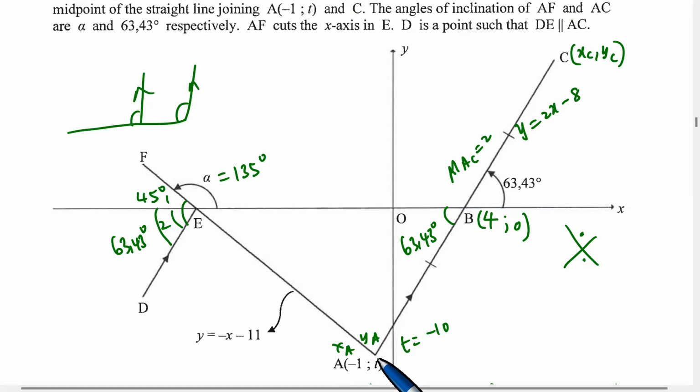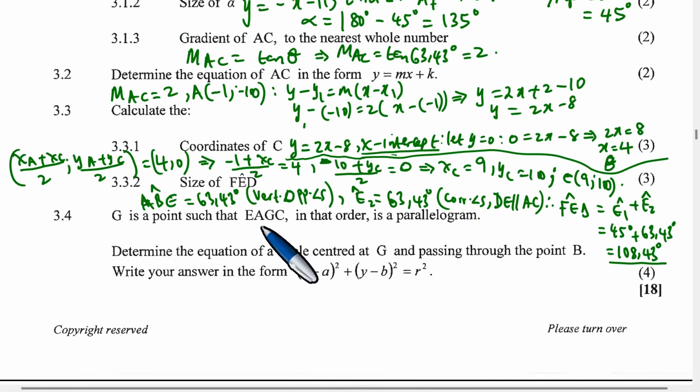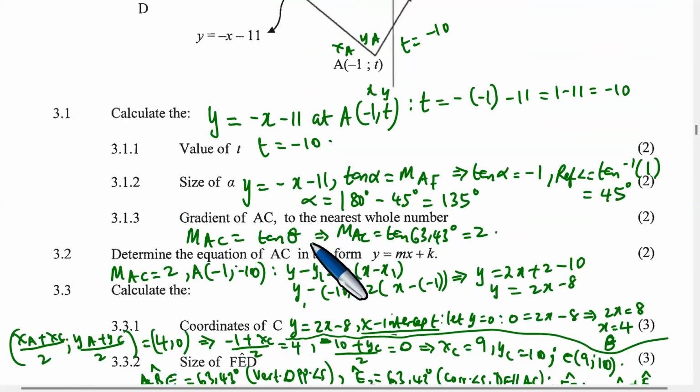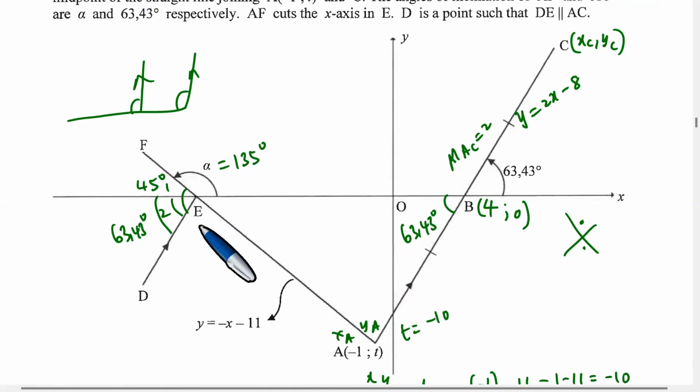Let's look at that carefully. E, A, G, C. If you look at E, A, then there's G, then there's C in that order.